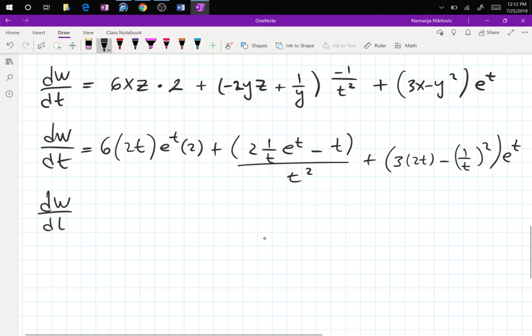dw dt is equal to 24t e to the t plus, now you have 1 over t over here.